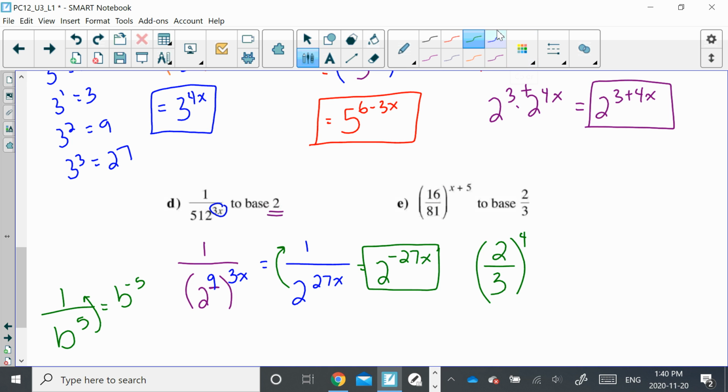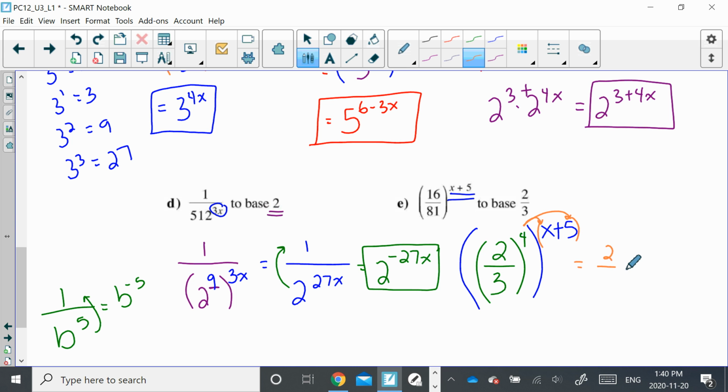Now what I need to do is I need to put this in a bracket, because outside I have to have x plus 5. Power to a power says you must multiply. This 4 gets multiplied into the bracket.